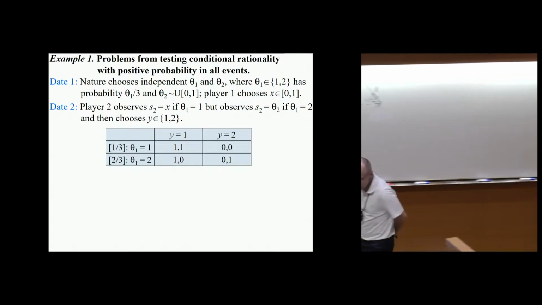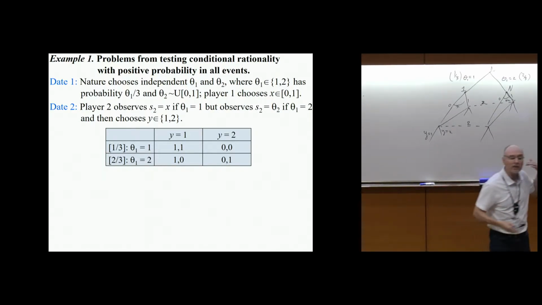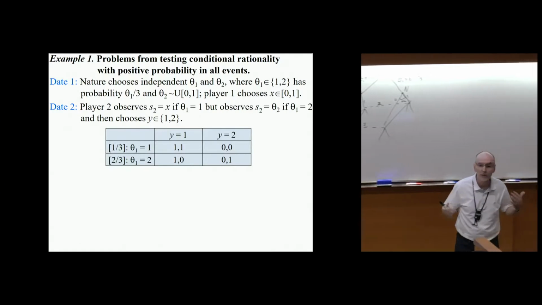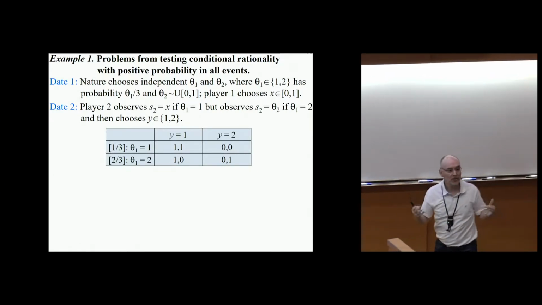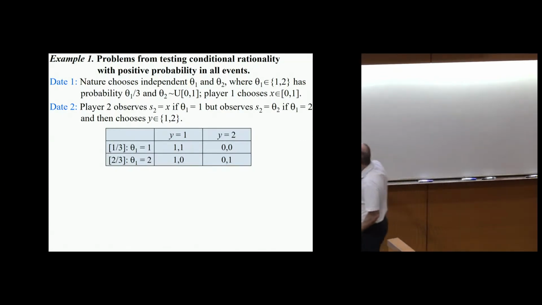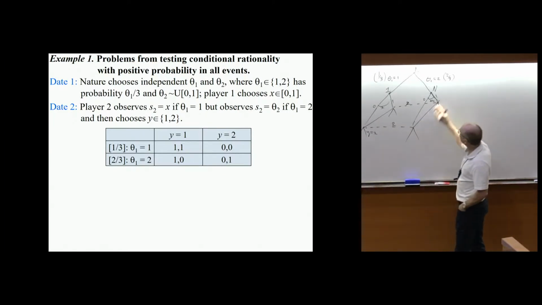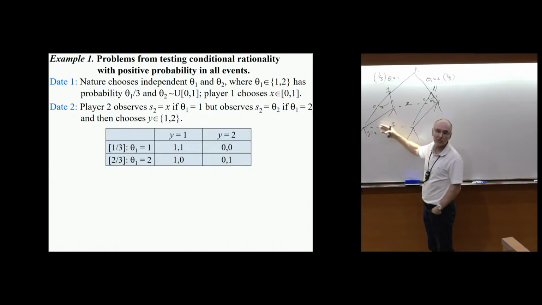Now, there are lots of sensible equilibria of this. This is not a particularly hard game to decide what the right answers should be. So for example, one reasonable sounding sequential equilibrium, if we knew what that was in this game, would be that player 1, and nature here, is uniform 0, 1. So let's just make player 1 uniform 0, 1.